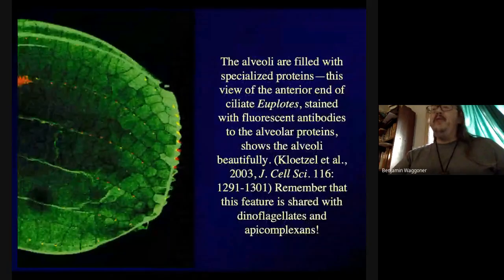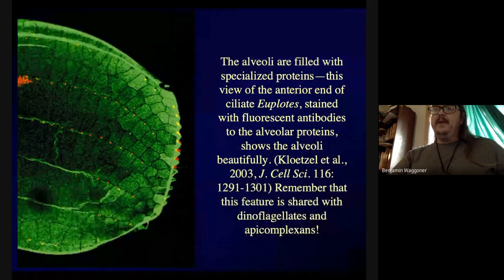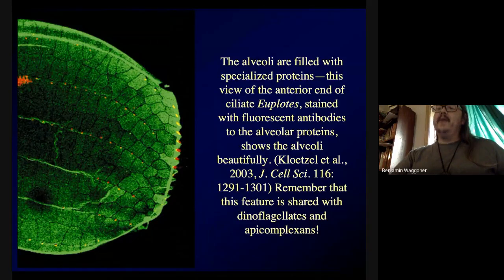Now remember, alveolates are called that because under the plasma membrane, they have flat sacs made of membrane called the alveoli. The best thing I can think of comparing this to is quilting. Imagine you have a quilt and then a sheet on top of the quilt.